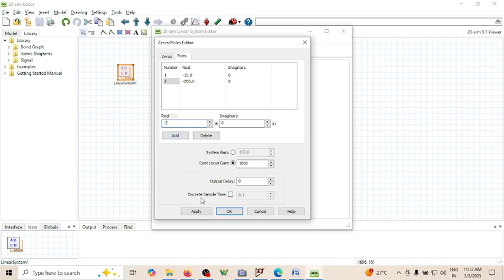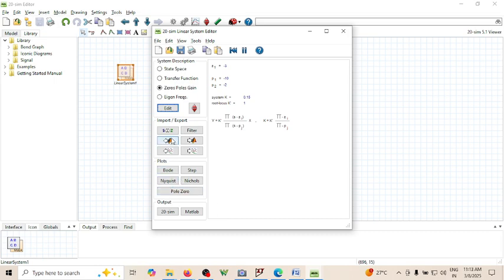Okay, apply, and then 0. Let me make it minus 3. Apply, and make the system gain simply 1. Okay, let me apply this. I just reduced it so that you can comfortably see it.